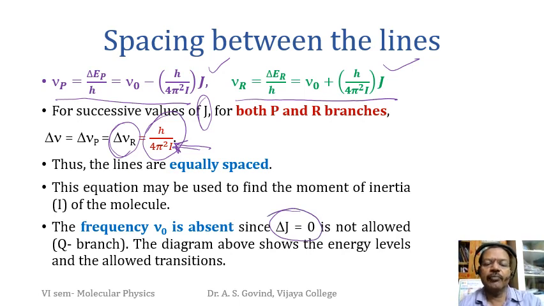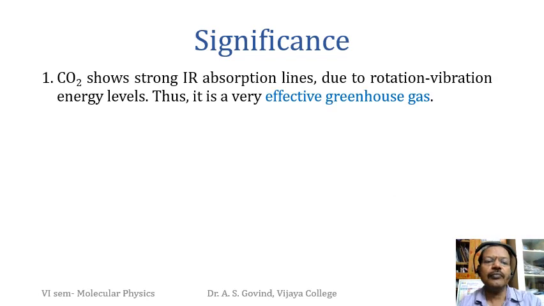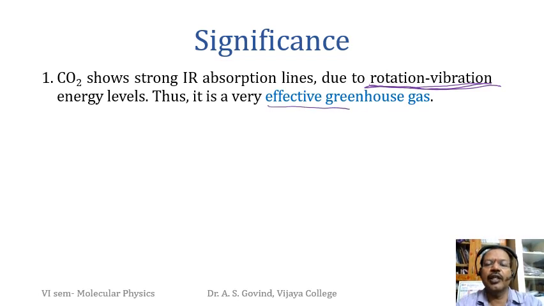So the diagram shows the energy levels and the allowed transitions in the previous slide. Now, what is the significance? Carbon dioxide shows infrared absorption lines due to rotation and vibration energy levels. So whatever we have discussed is exhibited by carbon dioxide, and therefore it is a very effective greenhouse gas. What is the meaning of that?